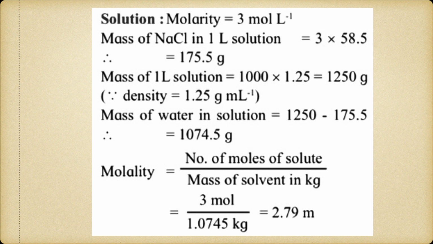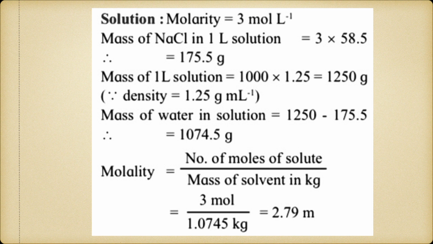Because in density it is milliliter, so for liters I have done 1000 into 1.25. I got the value as 1250 grams. Next thing is mass of water in solution. It is 1250 minus 175.5, that is the mass of solution minus the mass of solute, which will give me the mass of solvent.